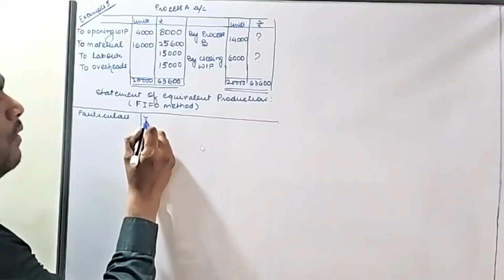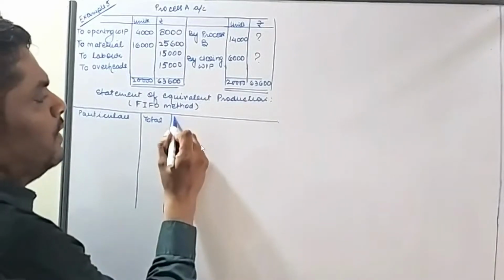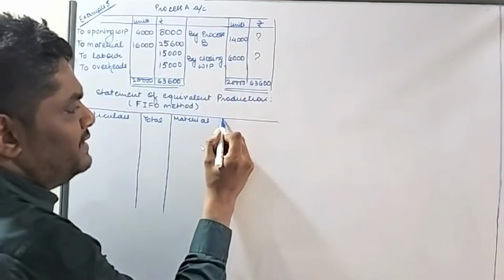Particulars, total, says the percentage of completion of material, labor and overheads is different.